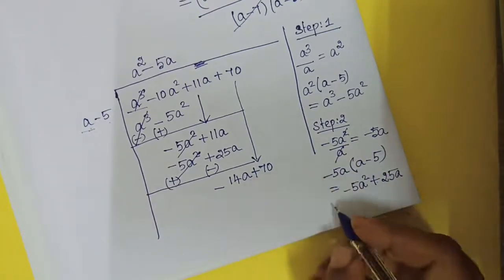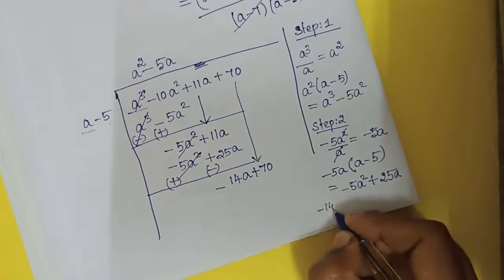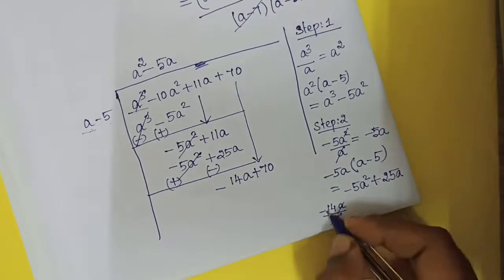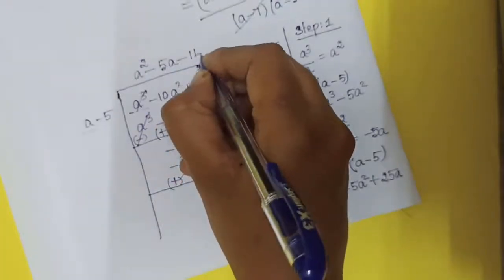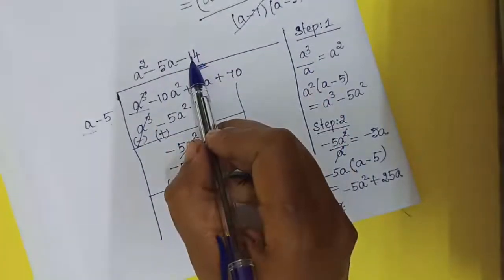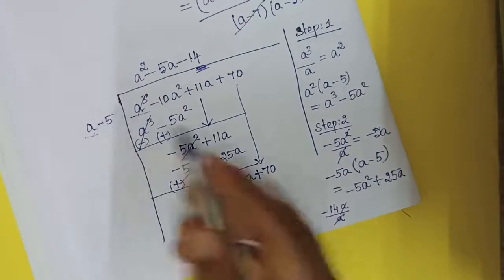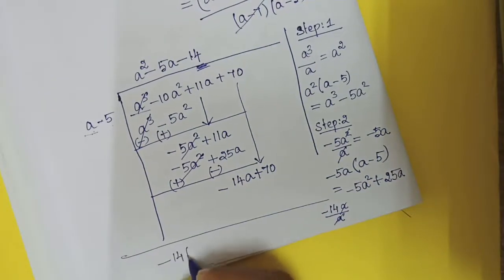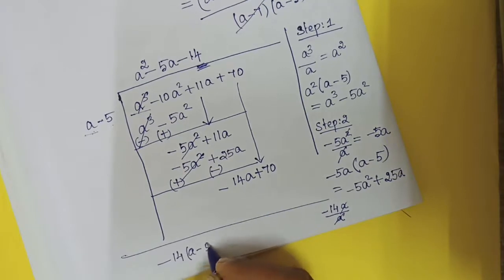What is the answer we will get here? Minus 14a divided by a. Minus 14 only. So minus 14. Now minus 14 into the divisor. So minus 14 into a minus 5.